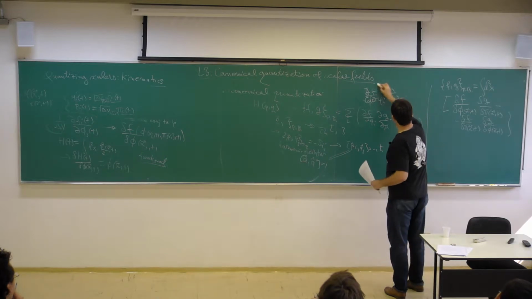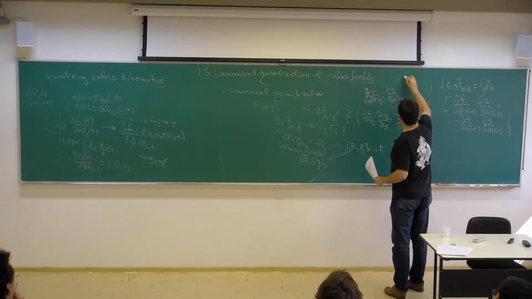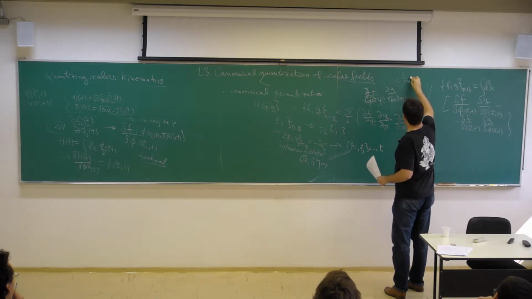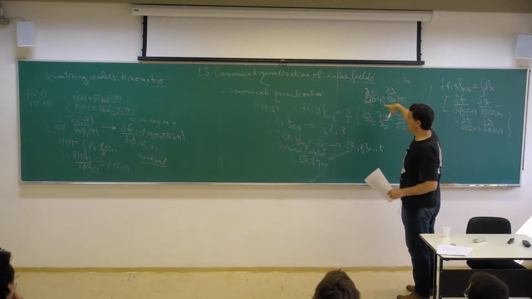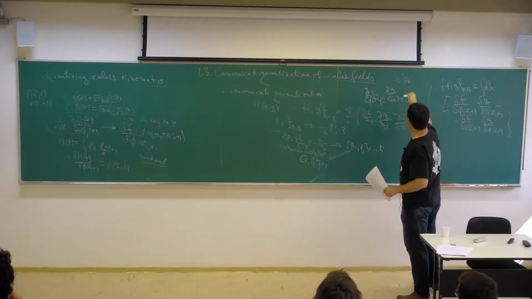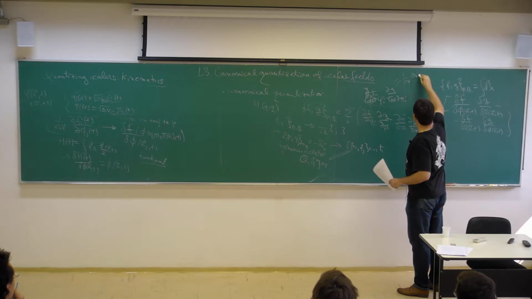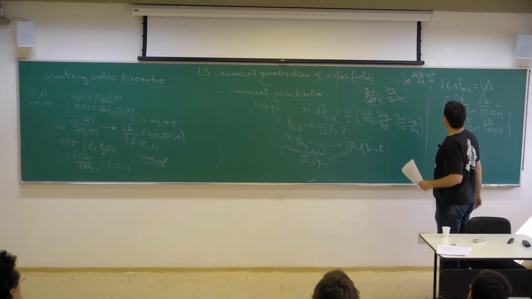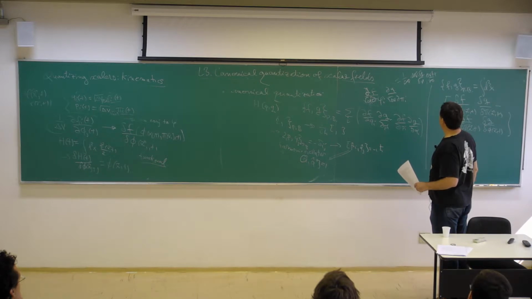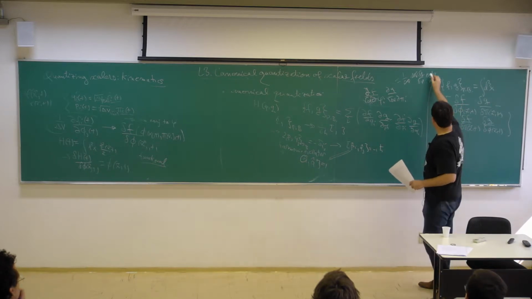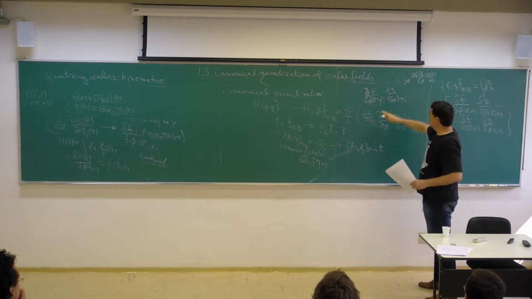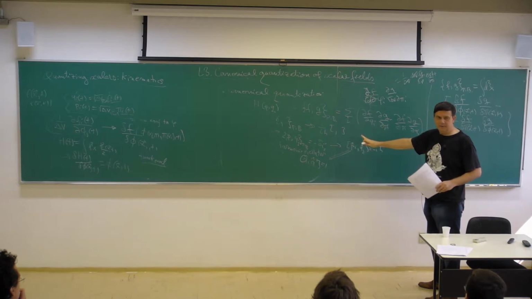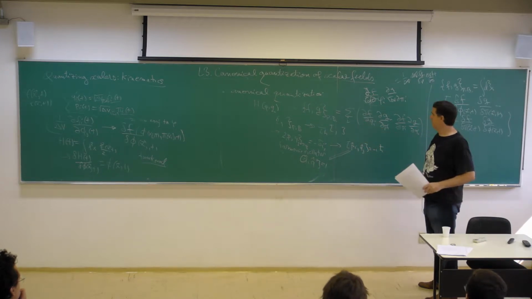So this thing is 1 over delta v times df d phi, delta v df d phi times delta v dg d pi, right? And so we got the delta v, that is d3x, over which we sum. Okay.